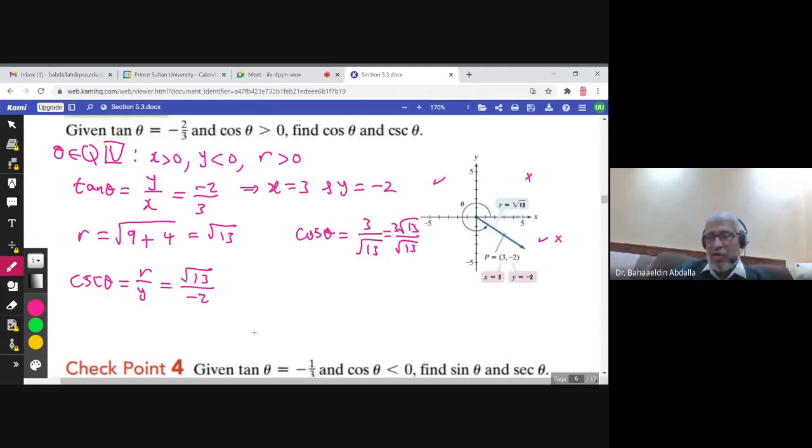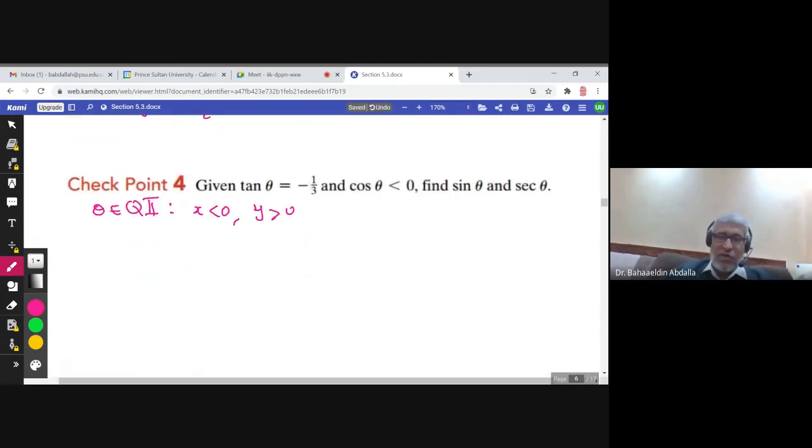Now, tan theta again is negative 1 over 3 and it is y over x. X is negative in this case, so I take the minus sign with the 3. Y is positive, so I take it 1. So x is negative 3, y is 1.